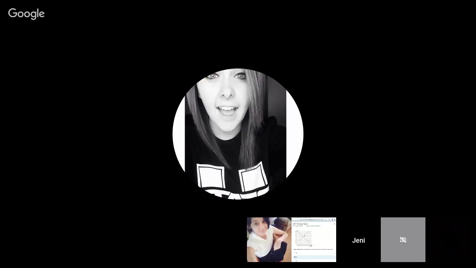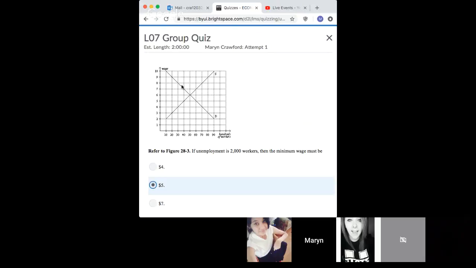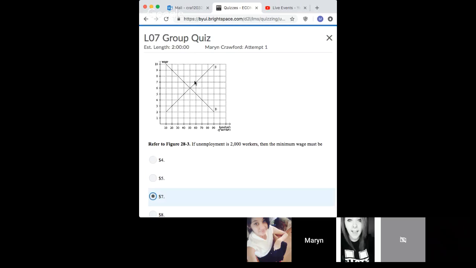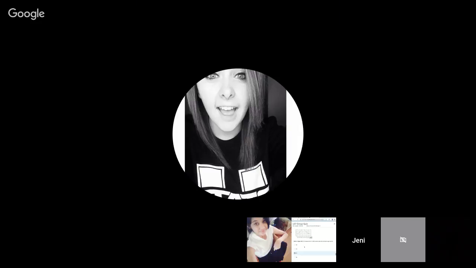Yeah, I was going to say, same idea, but it would be 7, because then there's more supplied than demanded. So there would be unemployment. That's right. So I think it'd be 7. I changed my mind. That makes sense with the graph because the graph shows that unemployment is above the equilibrium. Yeah, exactly. Same idea as what I was saying, just above the equilibrium. That makes sense. Okay.